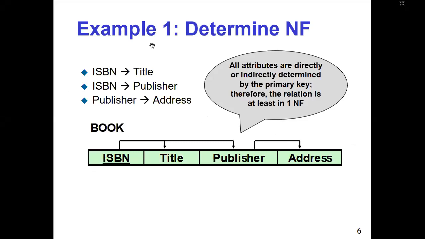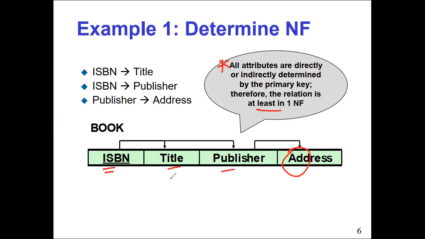So now you can see the case. This is an important point. All attributes are directly or indirectly determined by the primary key. Therefore, the relation is at least 1NF. Why 1NF? The publisher, the address is indirectly depending on the primary key.